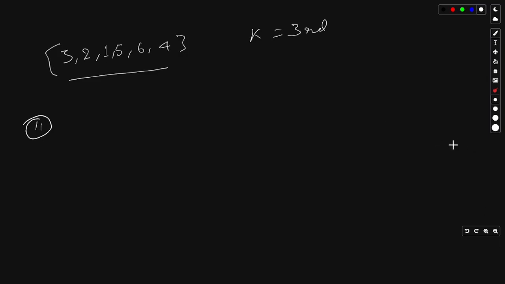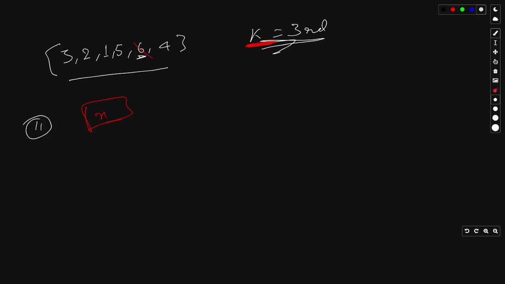If we have k equal to 3, we can remove that max element from the array, and after that again find the max element of the array. Within a loop, we can do this about k times.